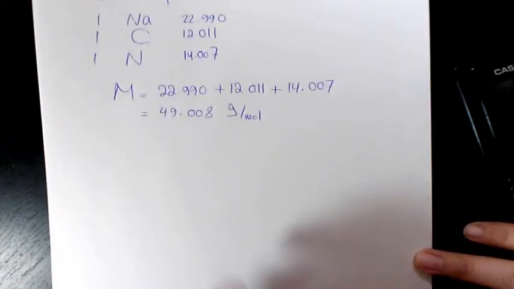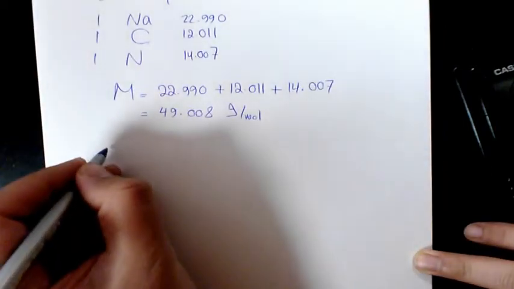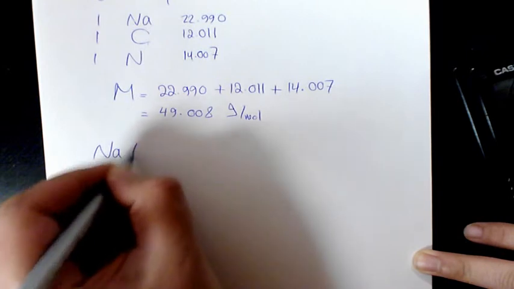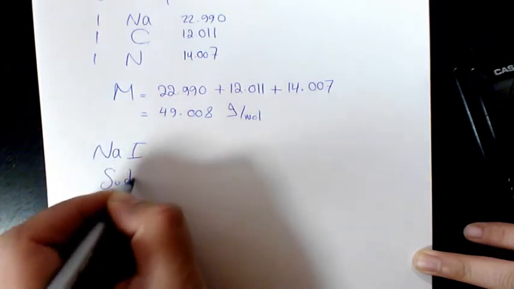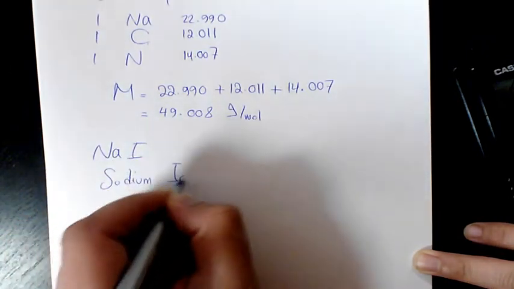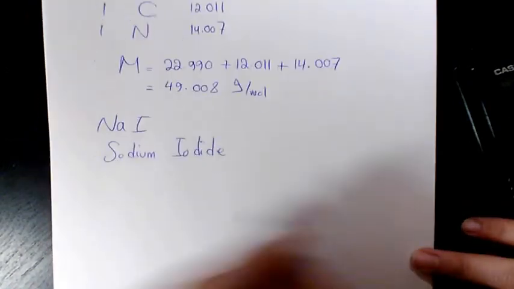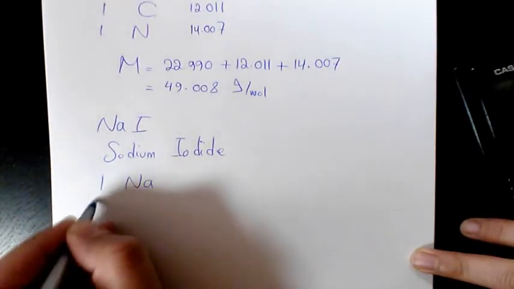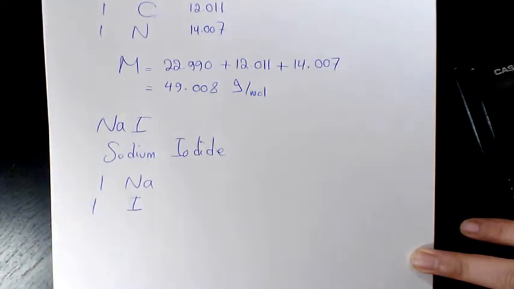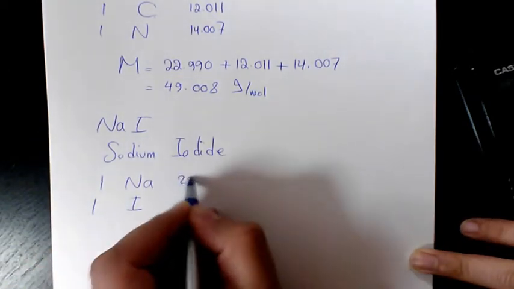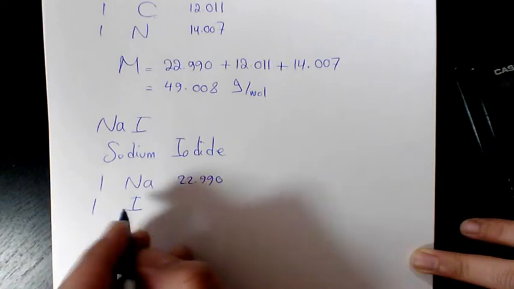Next one is sodium iodide. NaI. Sodium iodide. We have 1 atom of sodium and 1 atom of iodine. So this one is 22.990.